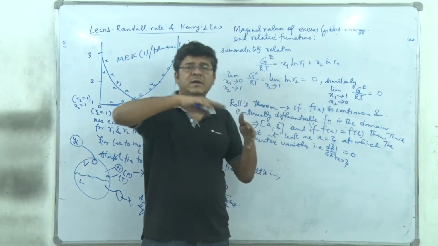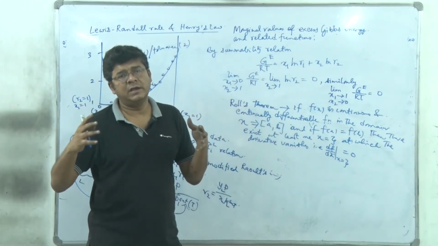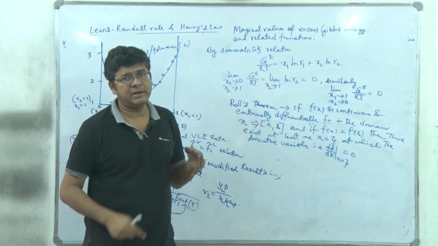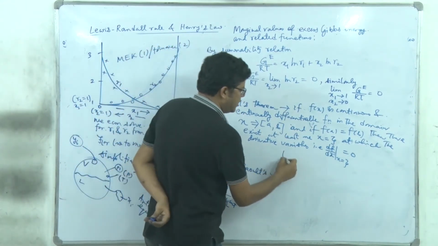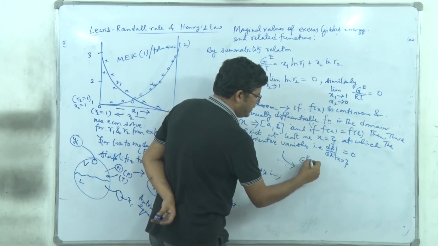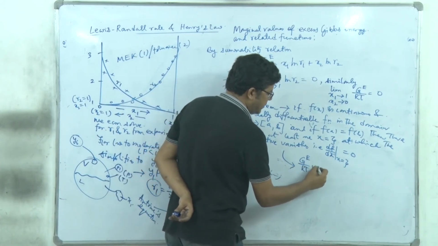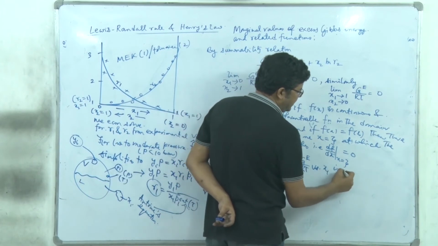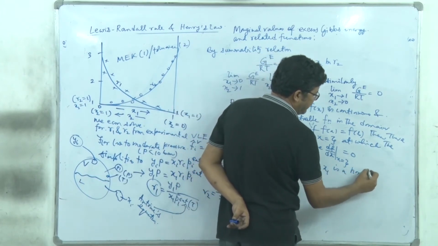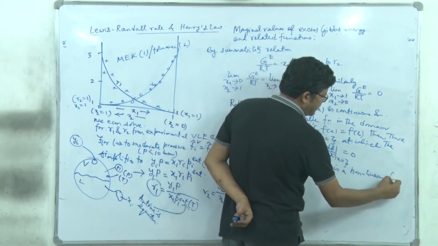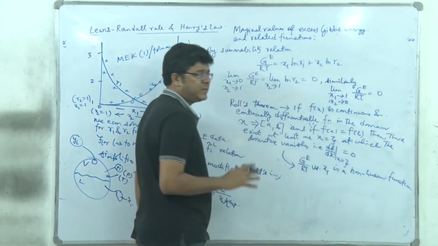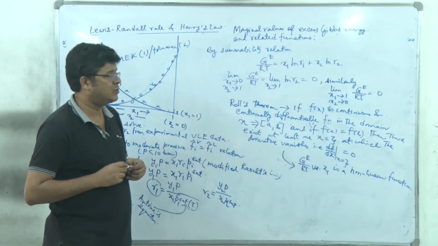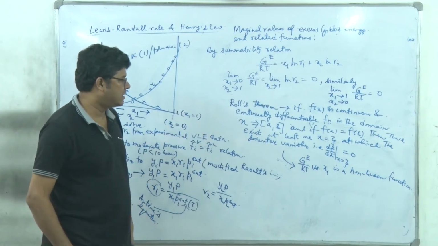So G by RT must pass through either a maxima or a minimum, at least one. So we can conclude from here that G by RT versus x1 is a non-linear function, right? Which is not a good choice to model.